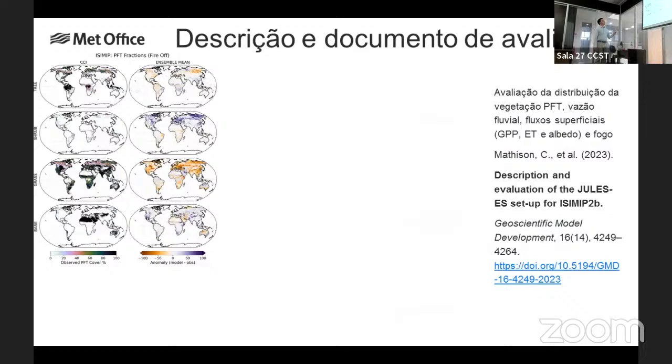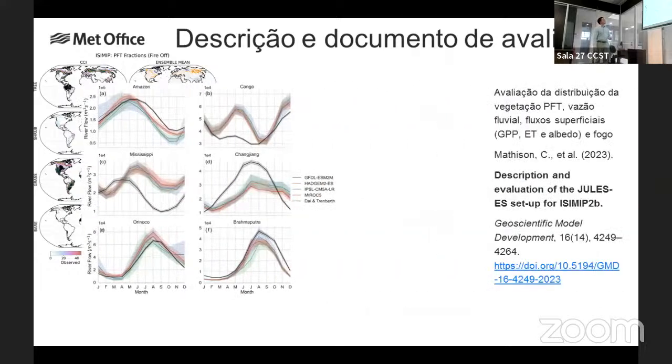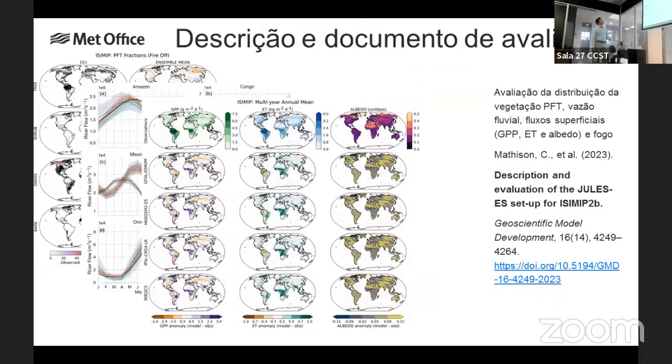trying to parameterize with the CMIP project, using model ensemble to get the bulk functional type distribution correct. And you can look at it to examine river flow of some key rivers. So this is the Amazon up here, and the Congo and various other places. And you could also look at biogeophysical feedbacks and the hydrological cycle more broadly.